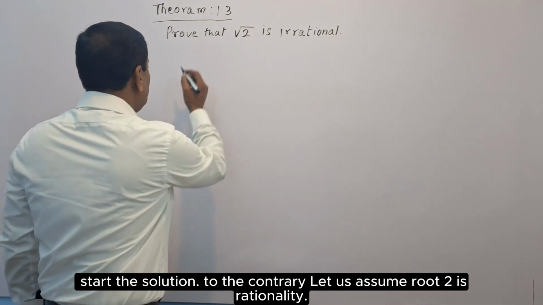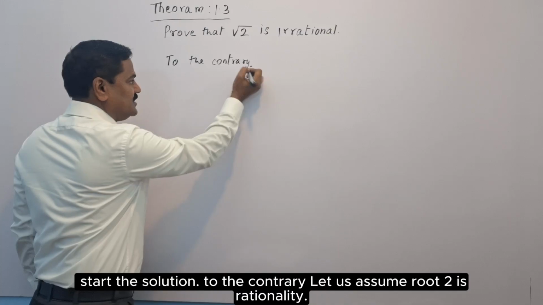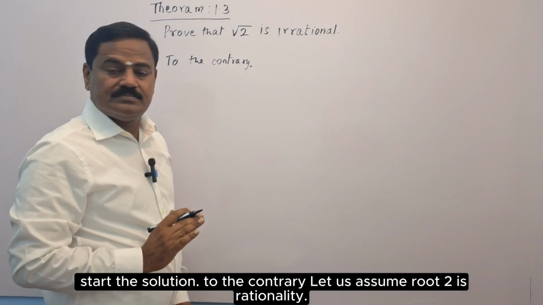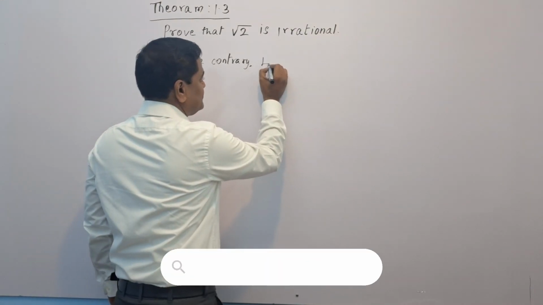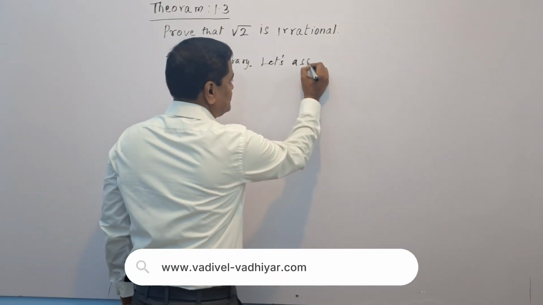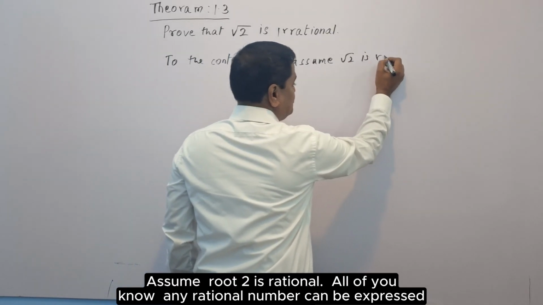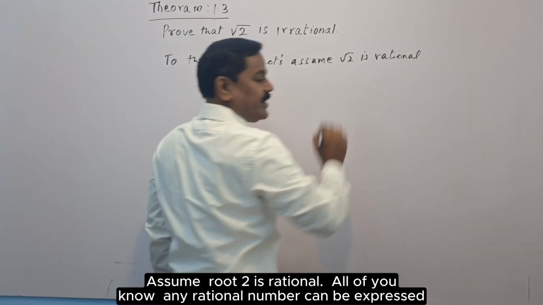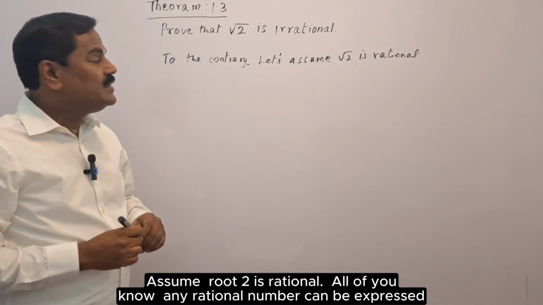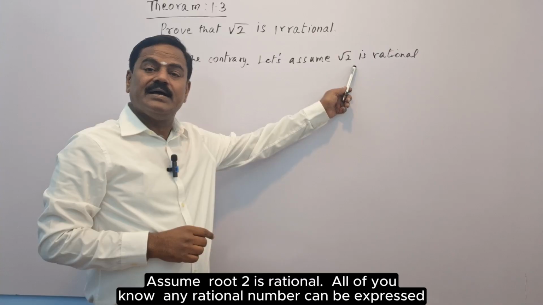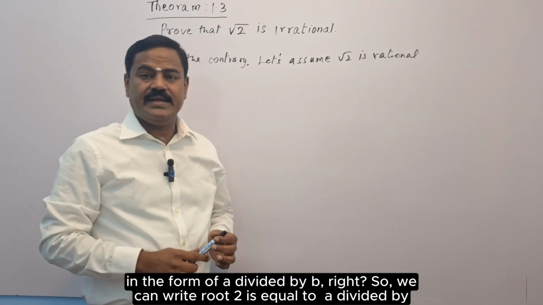Now, to the contrary, let us assume root 2 is rational. All of you know any rational number can be expressed in the form of a divided by b, right?